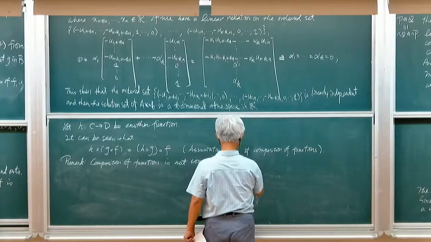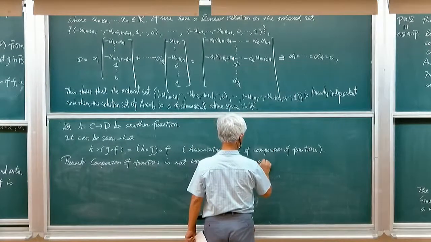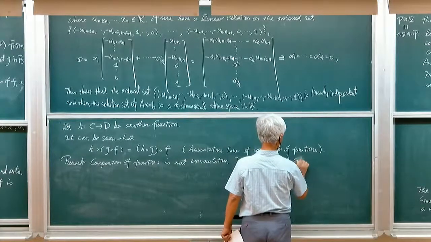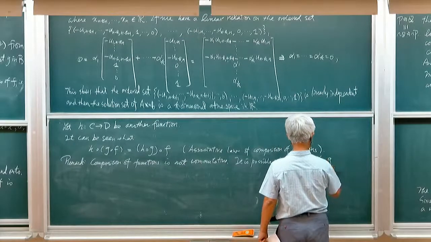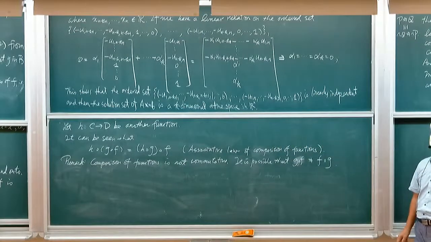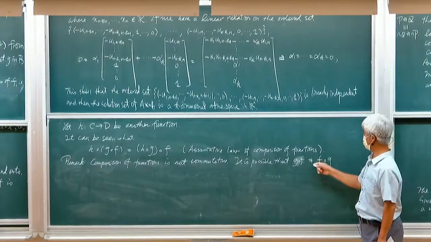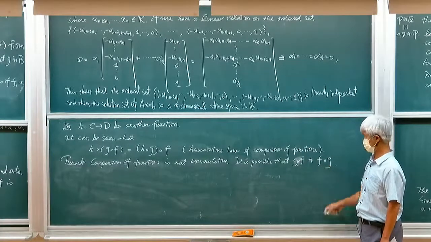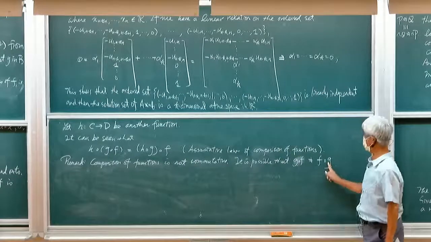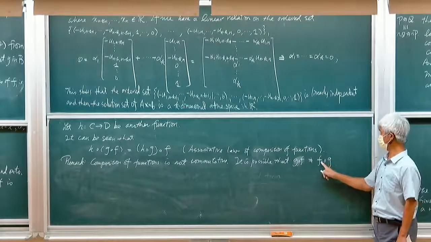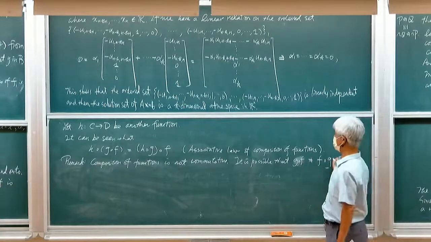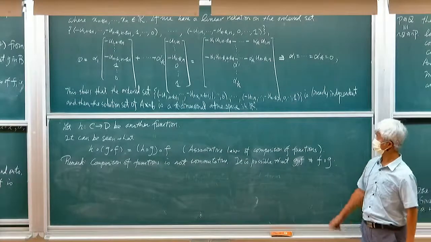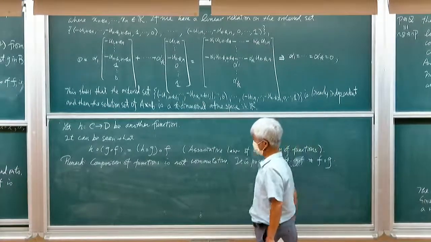So it's possible that f∘g is not equal to g∘f. Sometimes, if this is defined, the other may be undefined, because the codomain may not be equal to the domain of f. So composition of functions may not be commutative, but the associative law is always true.